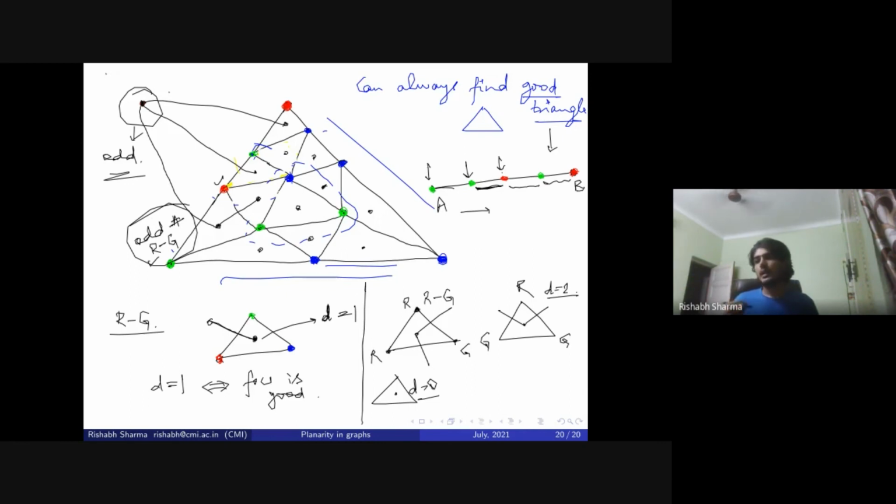Once I know that this external vertex has an odd degree, I recall something which I used in the middle of the talk, which was that the sum of the degrees of the vertices of a graph is equal to twice the number of edges.